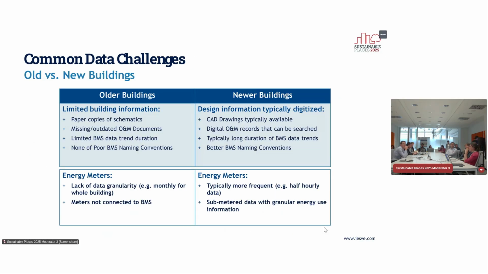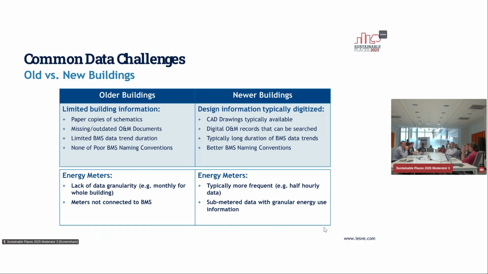So just to summarize the common challenges specifically on the data: limited building information, right? We often encounter paper copies of schematics for mechanical and electrical systems, or sometimes there's nothing. There are documents that are 10, 15 years old, outdated as-built documentation.